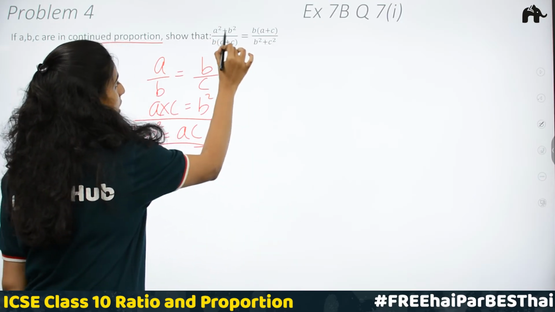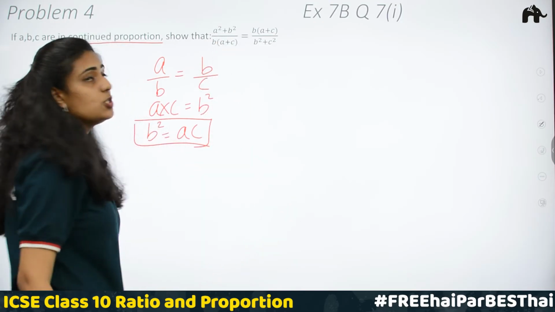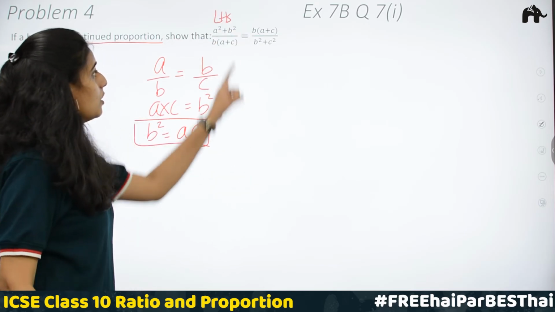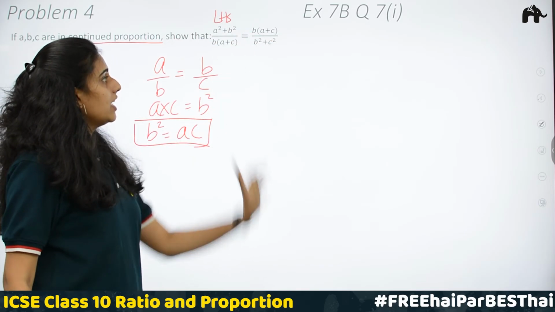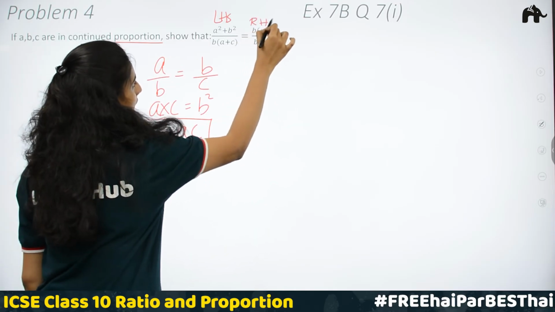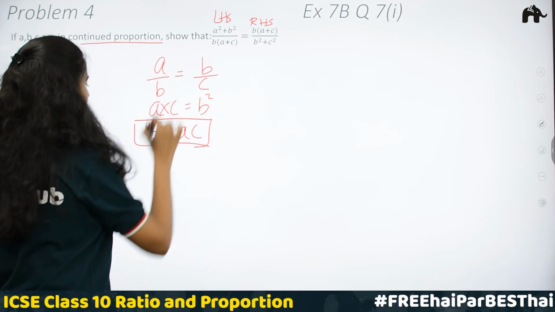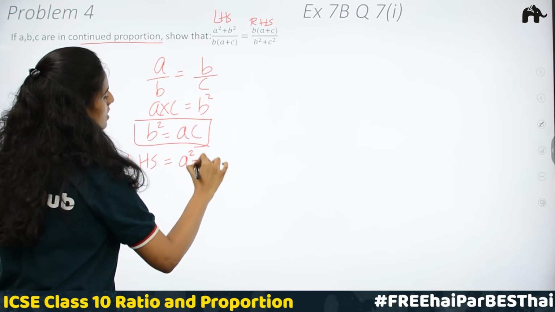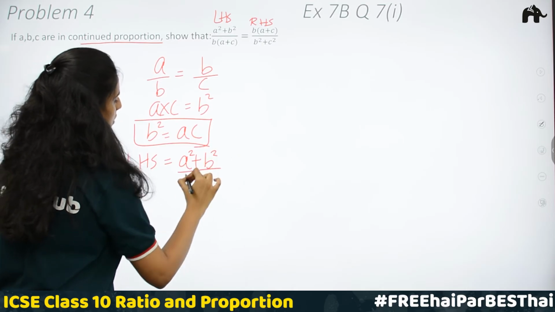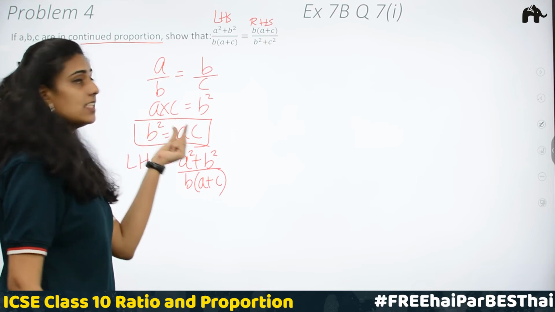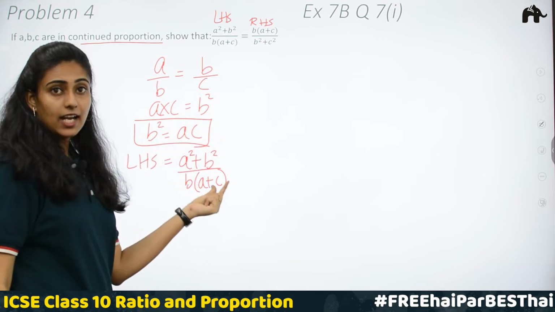Here a square plus b square divided by b into a plus c is the LHS, and b into a plus c divided by b square plus c square is the RHS, right hand side. First, let's take the left hand side. LHS is equal to a square plus b square divided by b into a plus c. We have b square is equal to ac. We are going to substitute that here.